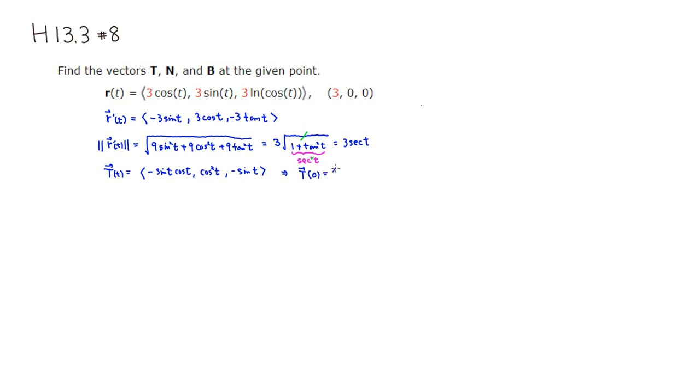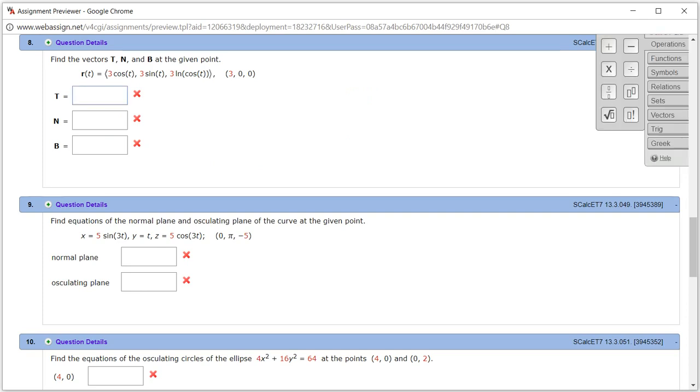Plug in 0 here, so it's 0. Plug in 0 here, 1 squared is 1. And 0, so it's 0. So the tangent vector, we found that to be 0, 1, 0.